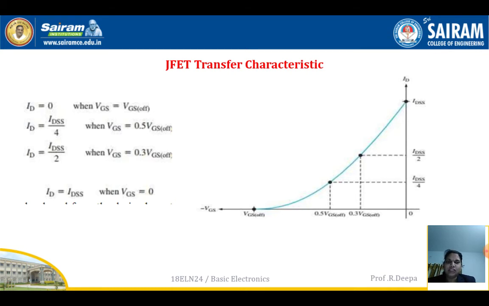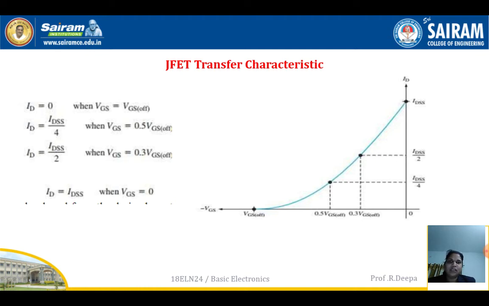This curve represents the operating range of the gate source voltage and its current. When ID is equal to 0, the voltage across the gate is represented as VGS off. And when VGS is 0, we get the maximum drain current, named IDSS.